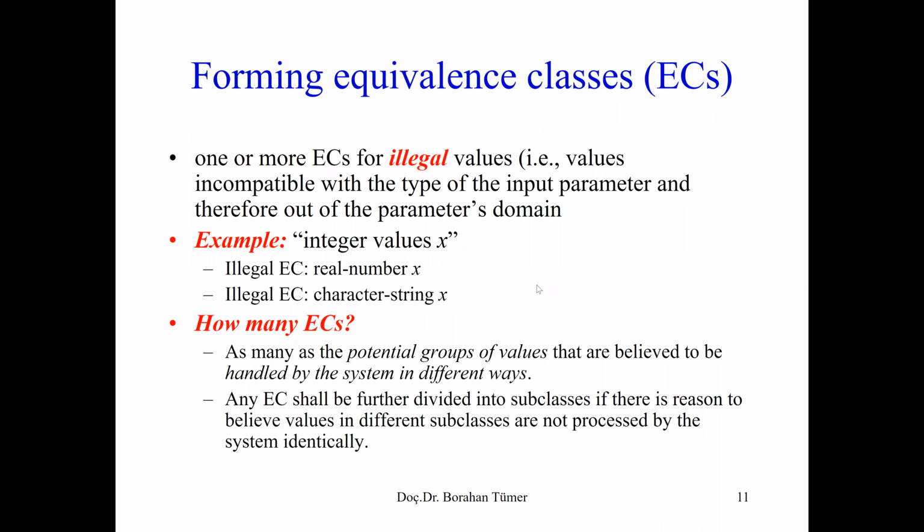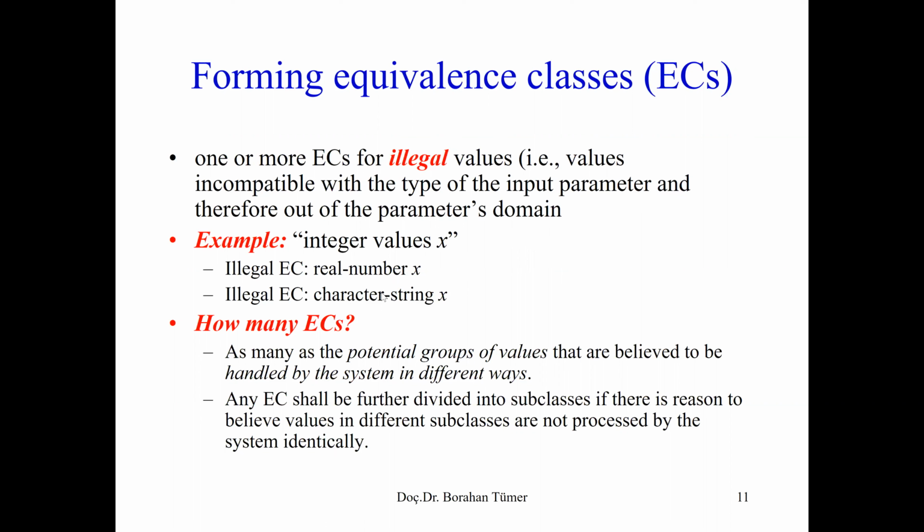All right. Now let's look at this. One or more equivalence classes for illegal values. That is to say, values incompatible with the type of the input parameter and therefore out of the parameter's domain. An example here is integer values x, illegal EC: real number x, illegal equivalence class: character string x.